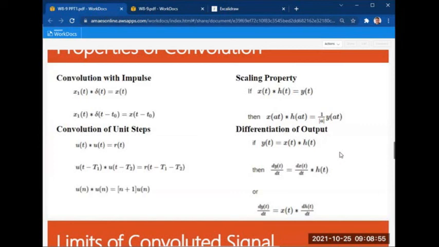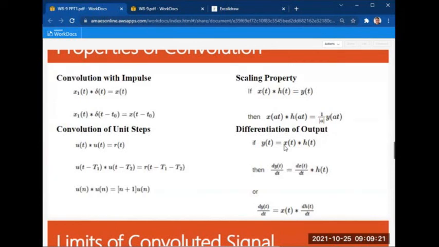Next, we have the differentiation of output. Notice that when we differentiate one of the inputs, either the input signal or the impulse response, the output is also the same as differentiating the output signal.